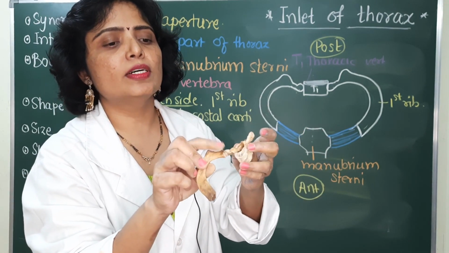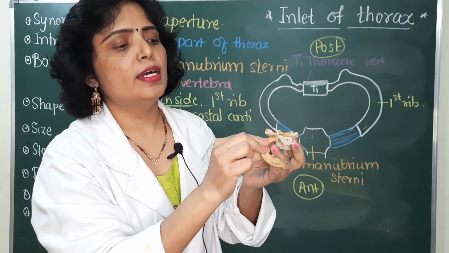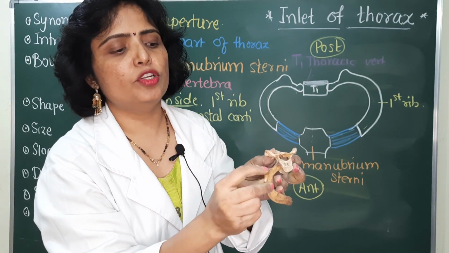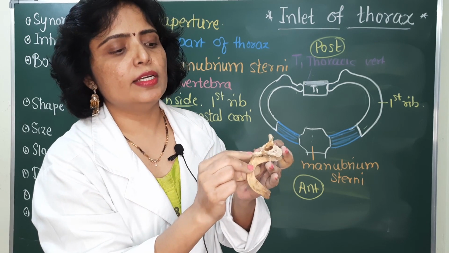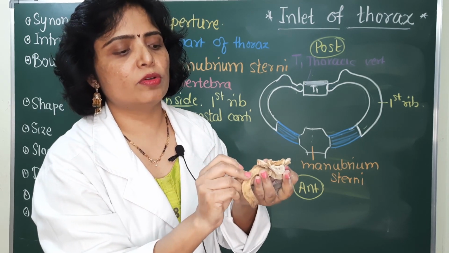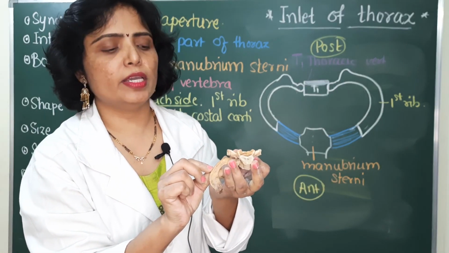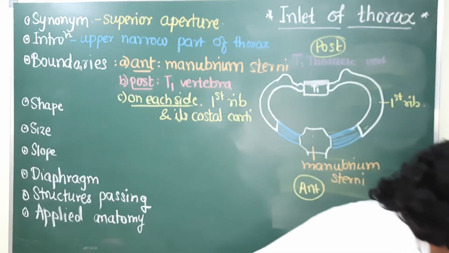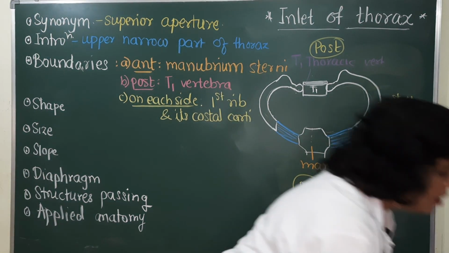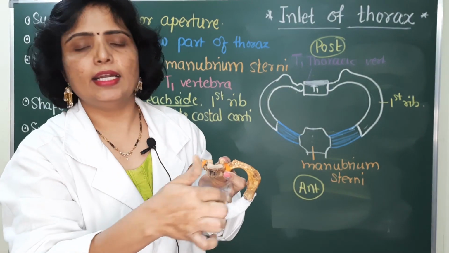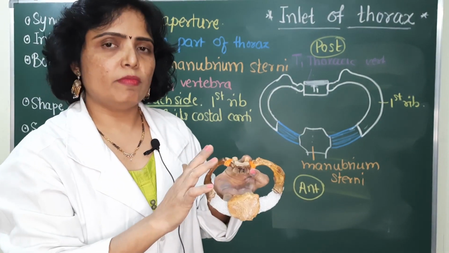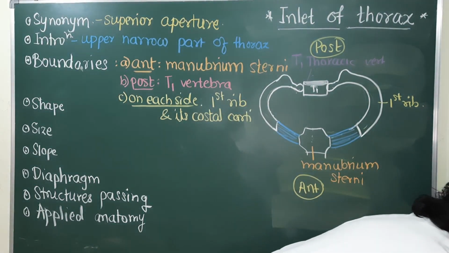The head of the first rib articulates with the body of the vertebra, while the tubercle articulates with the transverse process of the first thoracic vertebra. Imagine in the same way I have attached these and made the inlet complete. Got it? So the boundaries of the inlet of the thorax are clear to you.